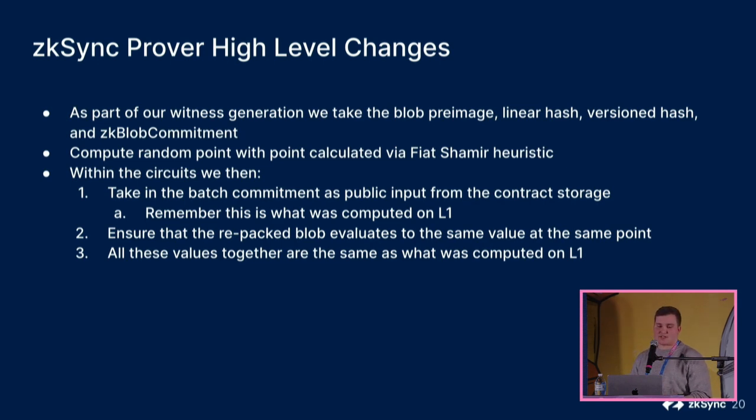Within our proof system, we'll basically take the blob, repackage it, take the pub data, package it into our blobs, and compute the KZG commitment, along with the proof of the blobs, so the fact that the KZG commitment references the blob, and that using the blob commitments that we've introduced in the commit batches step, these are actually the values, and proving that all these values together will essentially give us what we've committed to on layer 1.